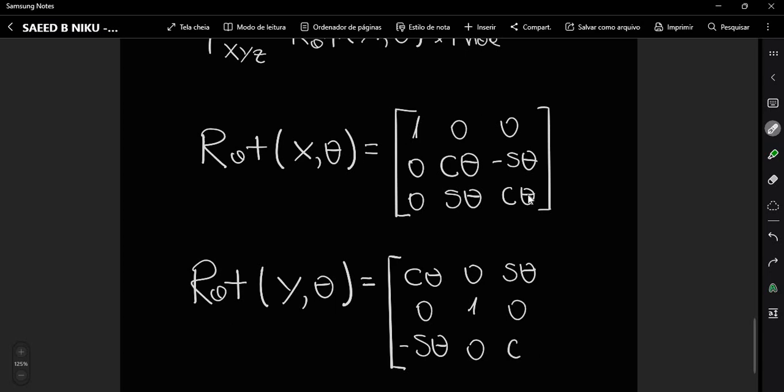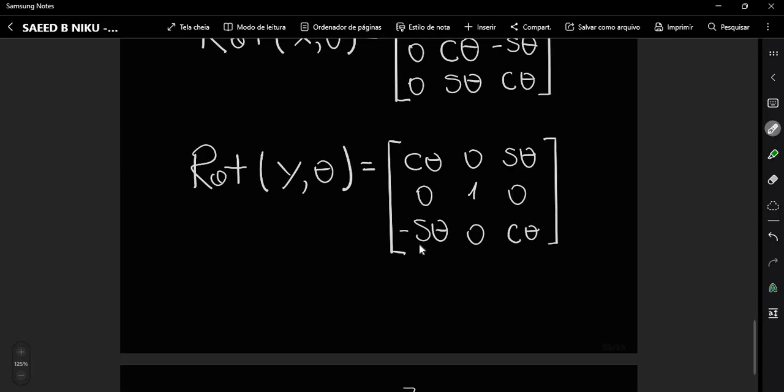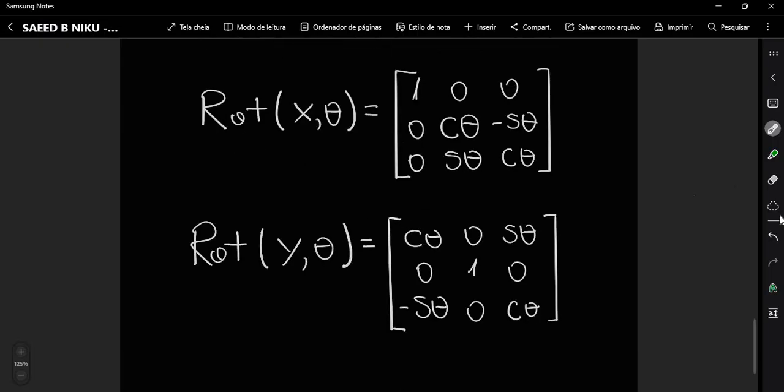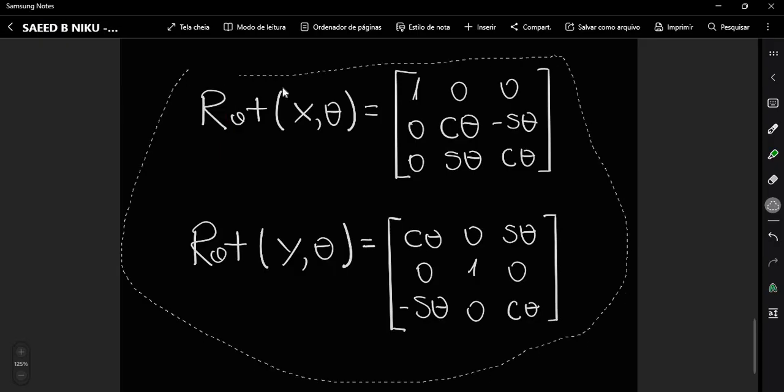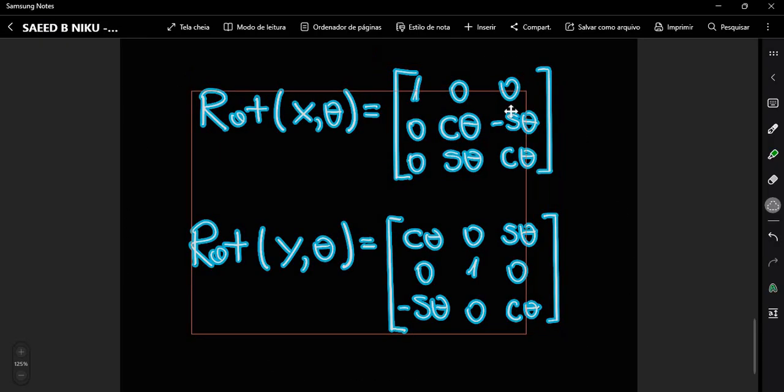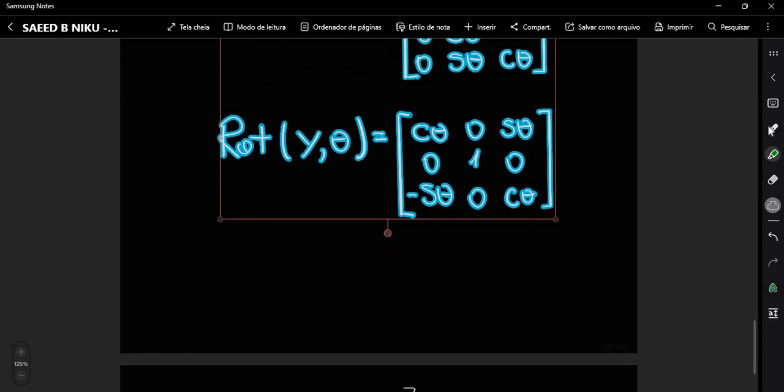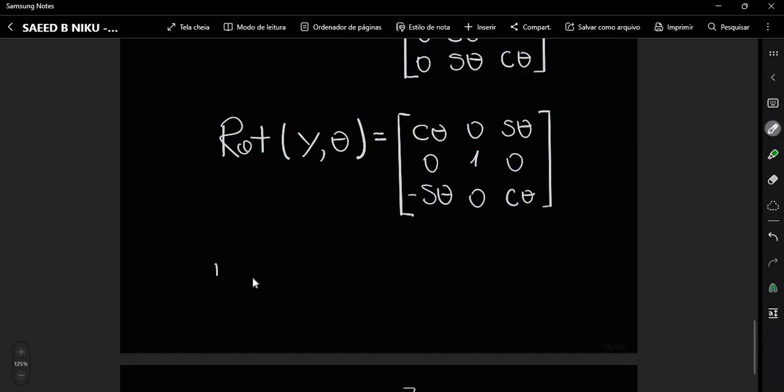Cosine of theta. And a rotation movement, a pure rotation movement above the axis z.